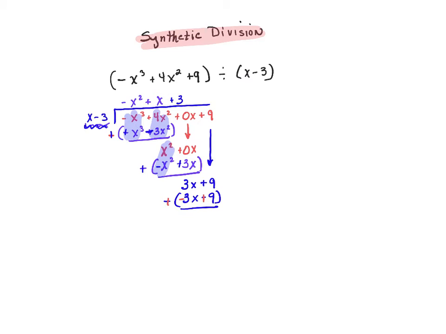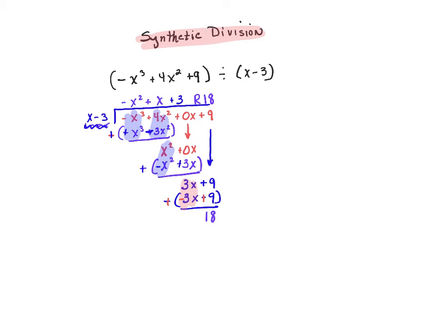And 3x minus 3x is 0. And 9 plus 9 is 18. And that 18 would be my remainder. So this is going to have a remainder of 18. So there it is with long division.